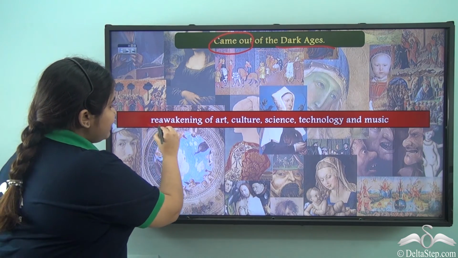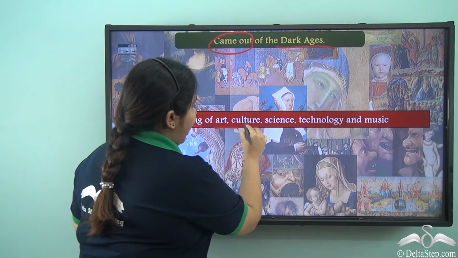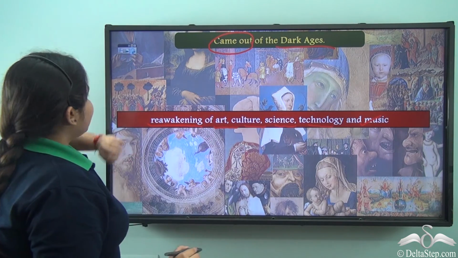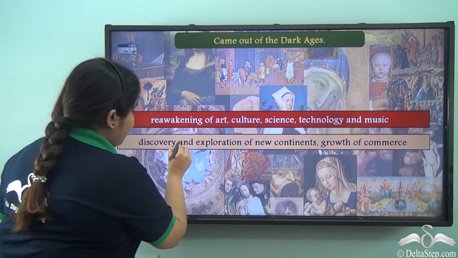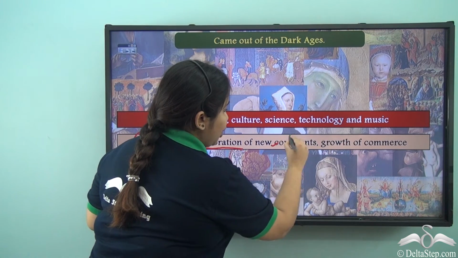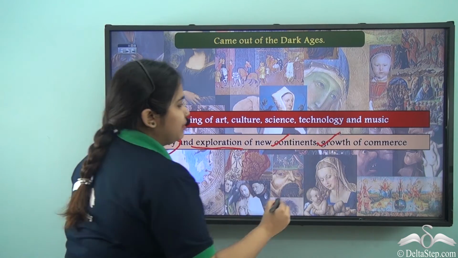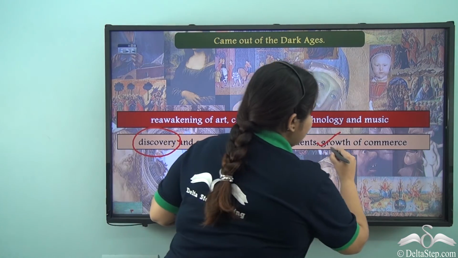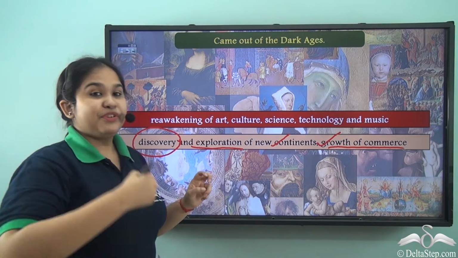Now there we see a reawakening of art, culture, science, technology, and music. We also viewed the discoveries and explorations of new continents and the growth of commerce. Of course, none of these things would be possible if the trade routes weren't re-established.